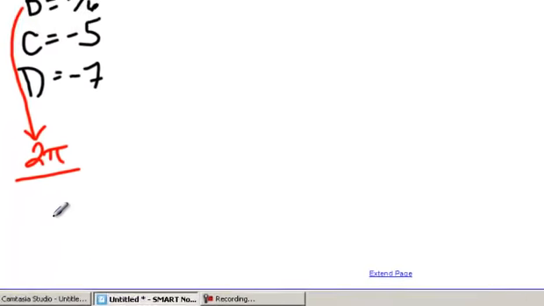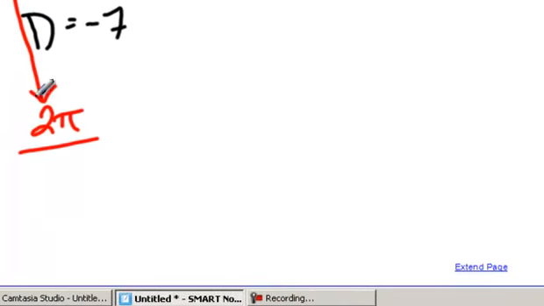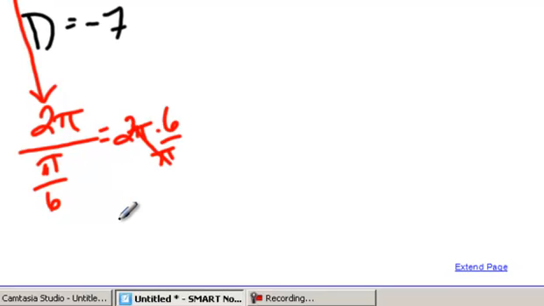Remember we're talking about sine and cosine, hence our period length is 2 pi, whereas when we're talking about cotangent and tangent, it was just pi. So we're going to take 2 pi divided by pi over 6. Remember, flip the bottom. So you get 2 pi times 6 over pi. Those cancel. Our period length is 12.